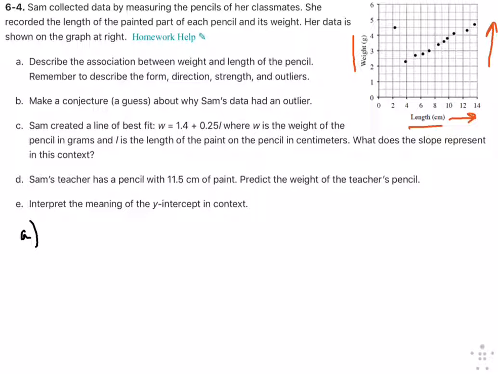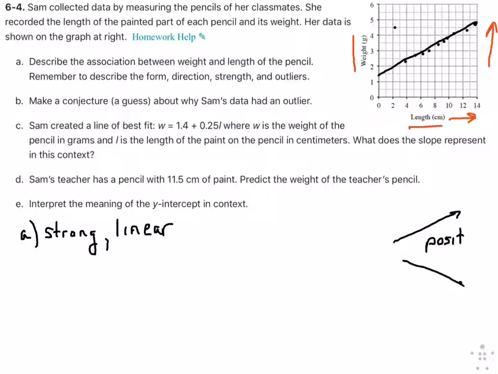Okay, so look at this graph. These points are so tightly coupled in here. So we would say that this is strong, because they're so tightly coupled in there. It's also in the shape of a line, so we would say it's linear. Clearly I drew a line through it, so it's linear. And then it goes uphill from left to right, because graphs that go uphill from left to right are considered positive correlation, and graphs that go downhill from left to right are considered negative correlation.